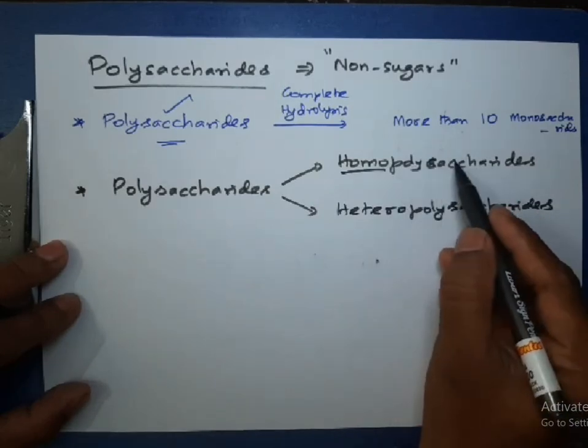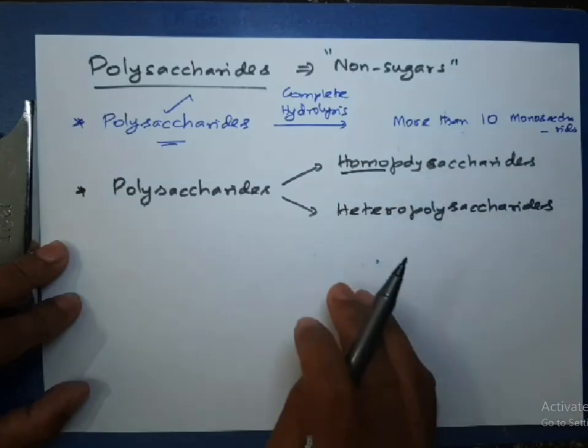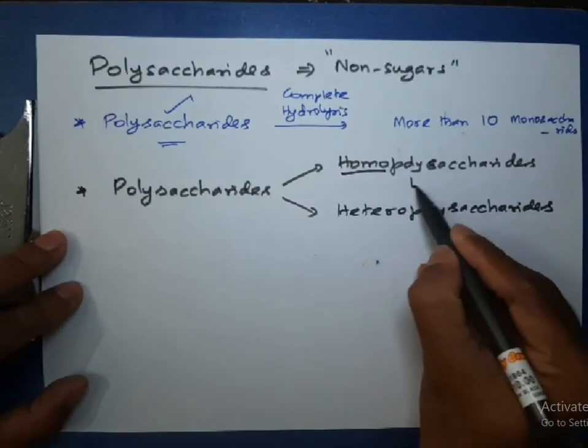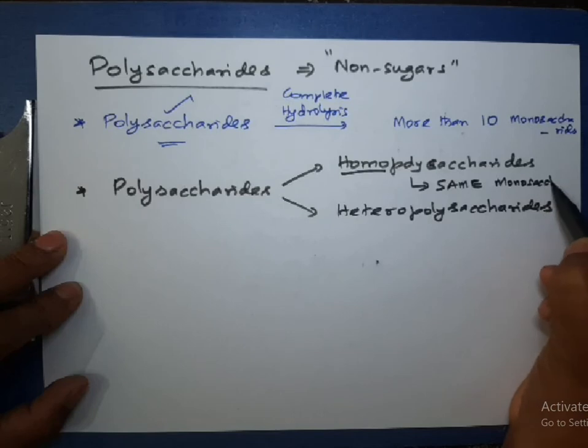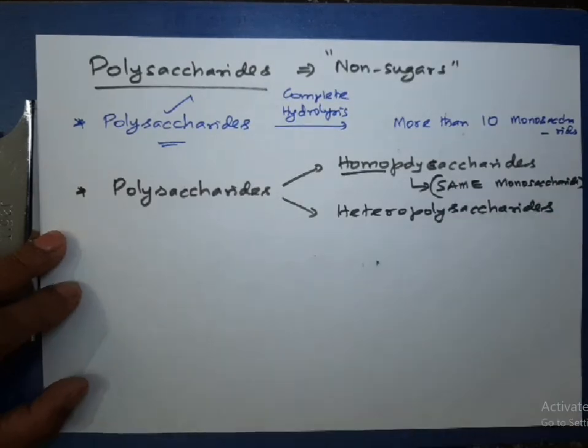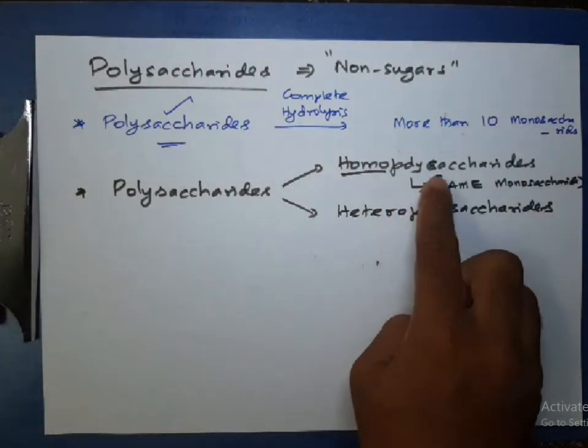Once the hydrolysis is over, if all monosaccharides are the same, maybe all made up of glucose or some other monosaccharide, a single type of monomeric unit, only glucose, or only galactose, or only arabinose, we call those polysaccharides homopolysaccharides.